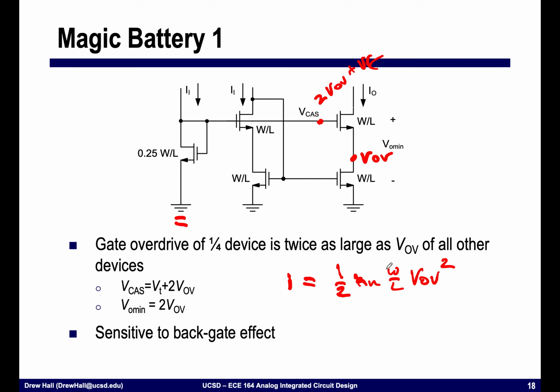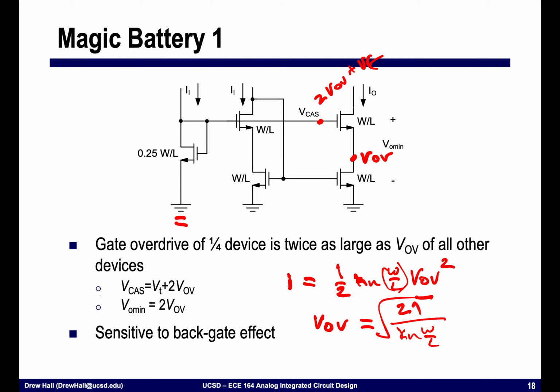Since I have the W over L term, if I solve for VOV with this expression, I would get that VOV was equal to the square root of 2I divided by K_N W over L. And so if I wanted to set this equal to 2 VOV, you can see that I can do that by making W over L 1/4 the size.